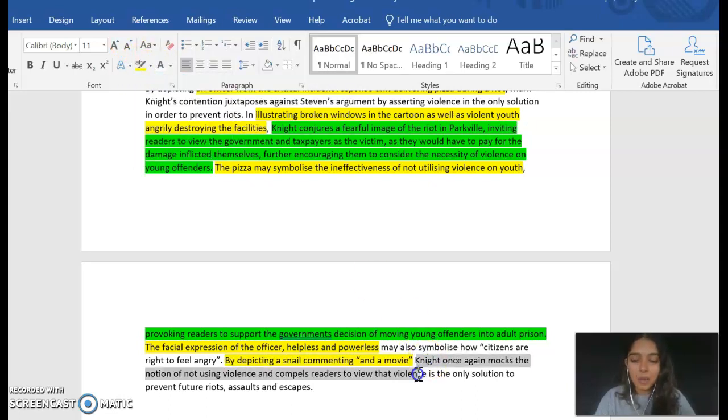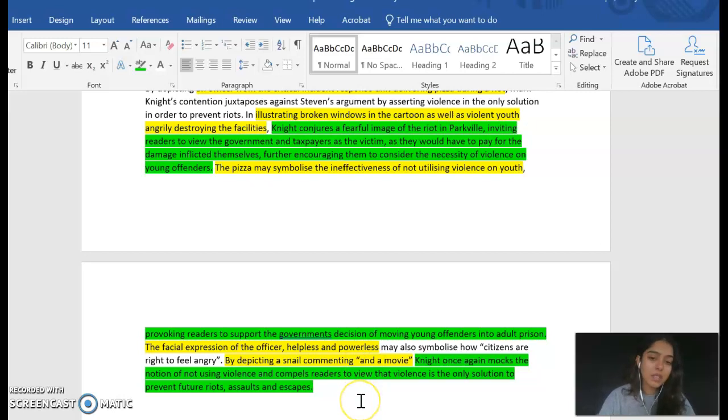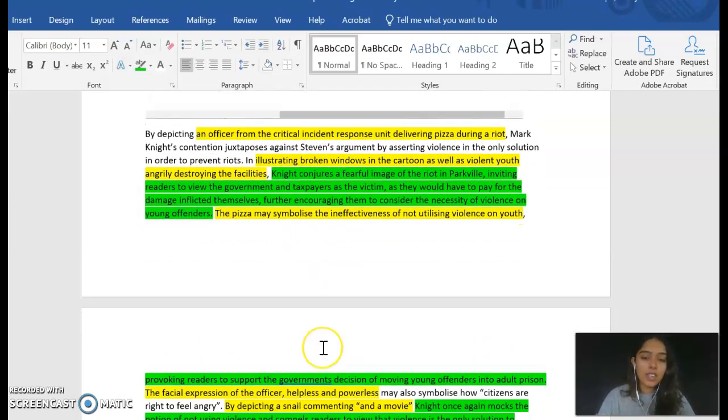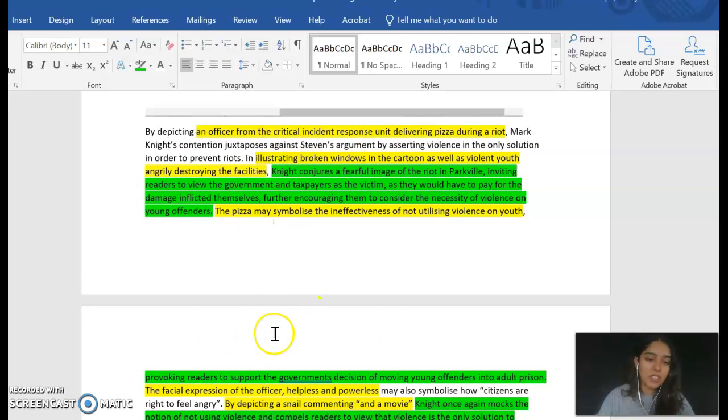Knight once again mocks the notion of not using violence and compels readers to view that violence is the only solution to prevent future riots, assaults, and escapes. So the yellow is when this person is describing what's going on, an element of the piece. And the green is the intended impact on readers.